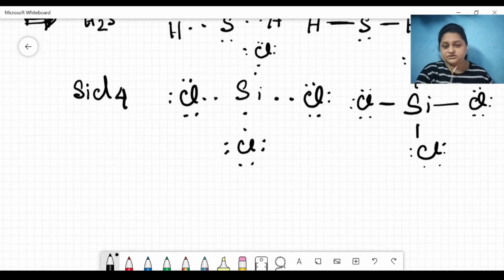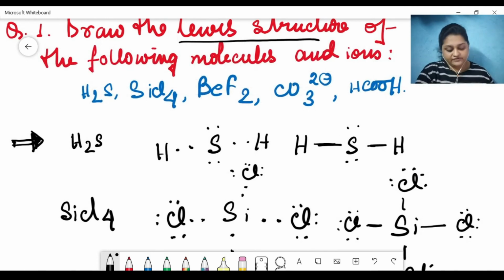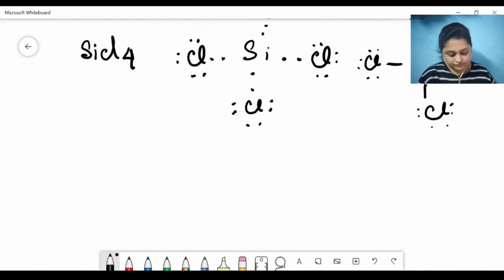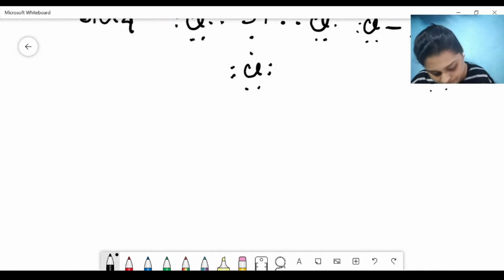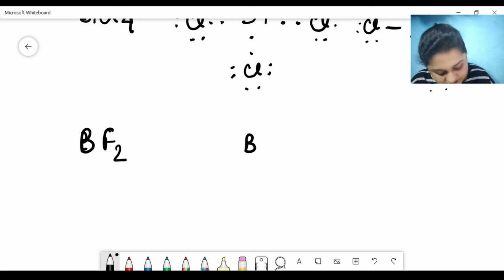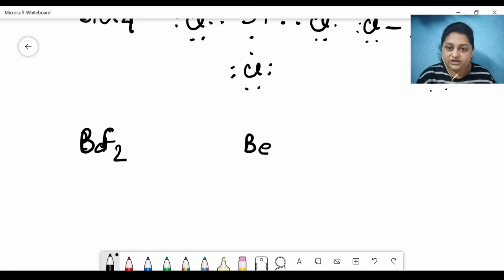The next molecule they have asked us to draw the Lewis dot structure of is beryllium fluoride, BeF2. Beryllium is the central atom. Beryllium is a group 2 element and has 2 electrons in the valence shell.